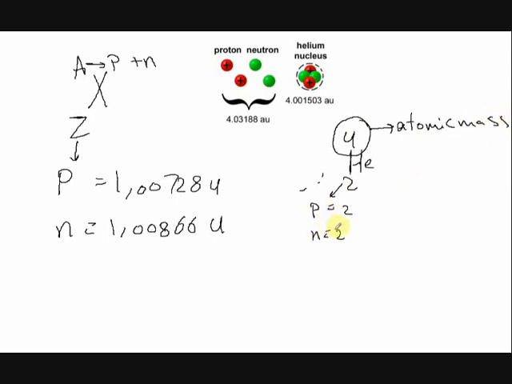To calculate the theoretical mass for the helium atom, we have 2 protons and 2 neutrons.